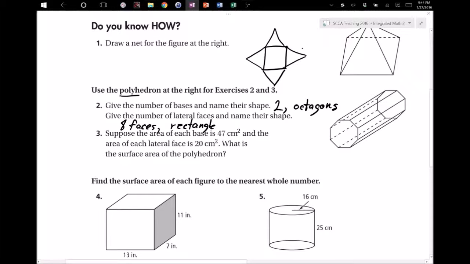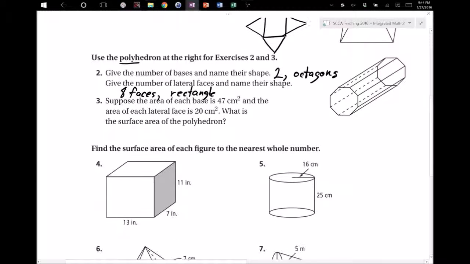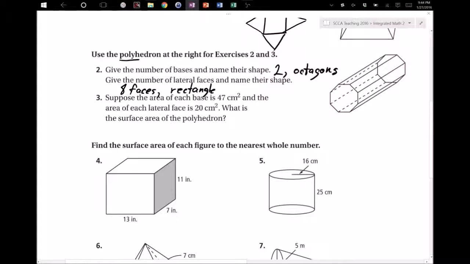Now, suppose the area of each base is 47 centimeters squared, and the area of each lateral face is 20 centimeters squared. What's the surface area of the polyhedron? To find the surface area, what we need is the area of each base, which was 47.